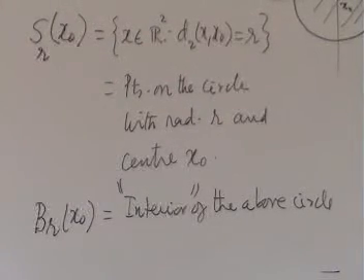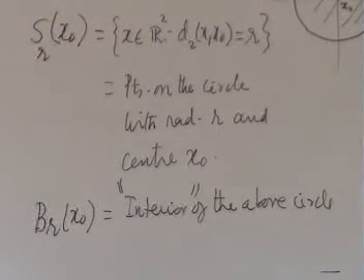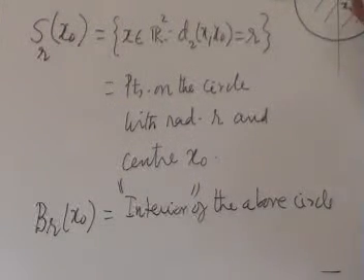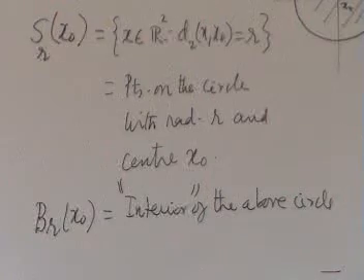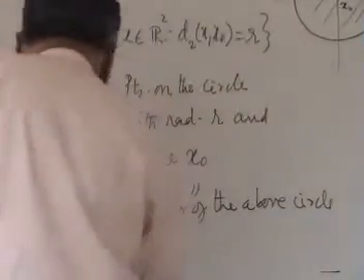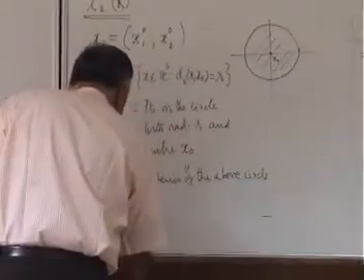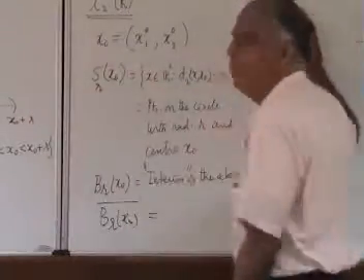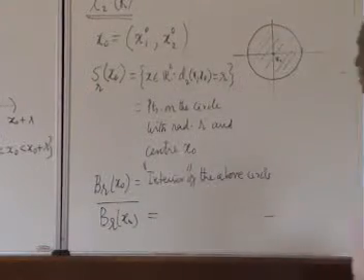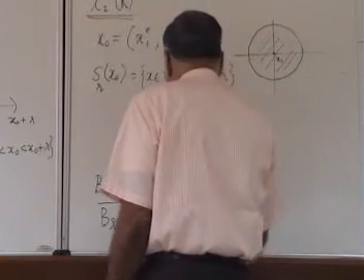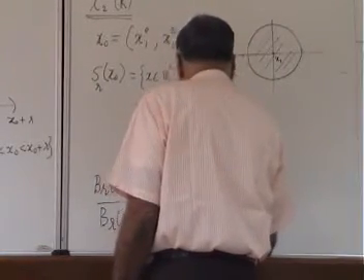So interior means all those points which are at a distance less than r from x naught. And what is B_r(x naught) with a bar on it? It is this full thing, all this inside and the circle.